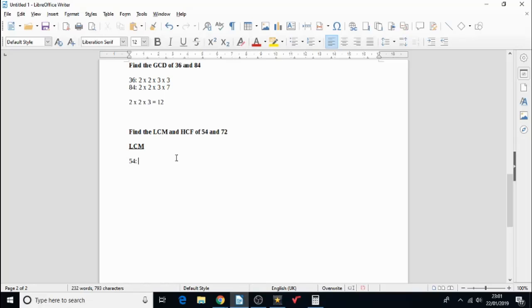So 54 written out as a product of prime factors is 2 multiplied by 3 multiplied by 3 multiplied by 3. 72 written as a product of prime factors is 2 multiplied by 2 multiplied by 2 multiplied by 3 multiplied by 3.